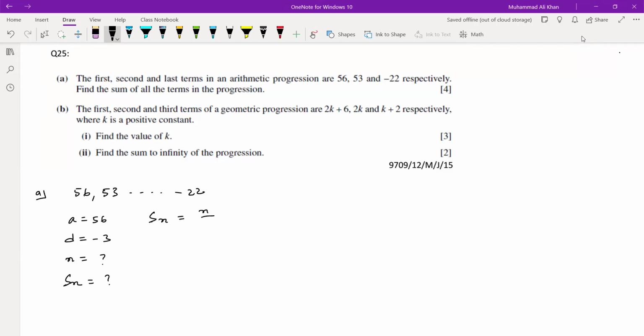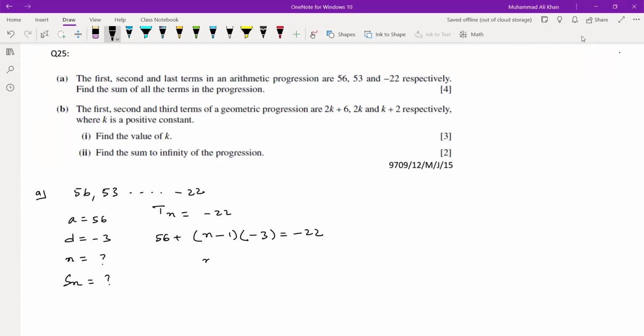Sn equals to n/2. अगर हम Tn का फॉर्मूला अप्लाई करें, Tn कितना है? -22. So A plus n-1 and the common difference is -3 equals to -22.